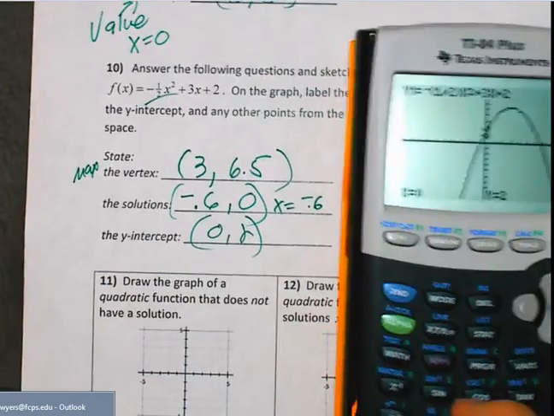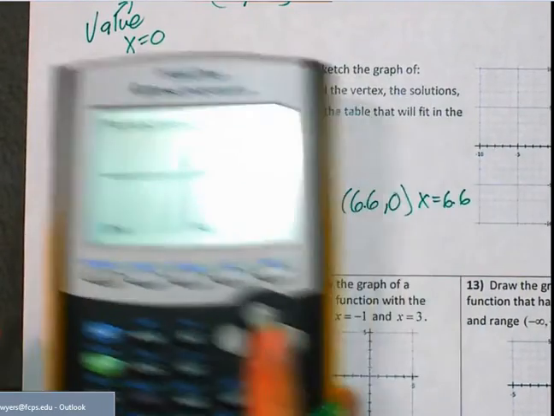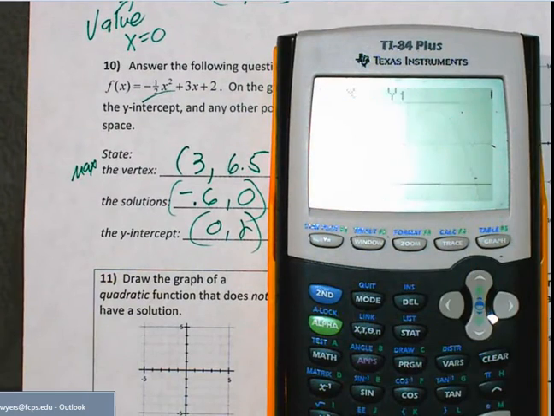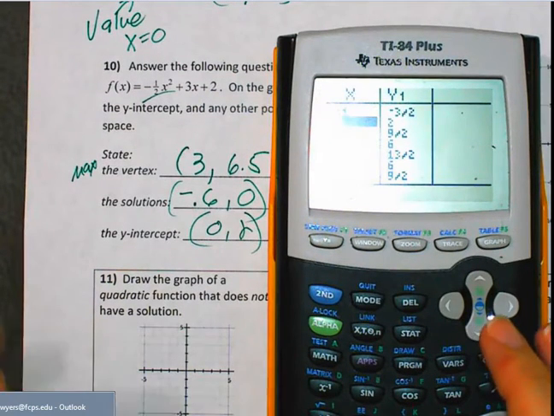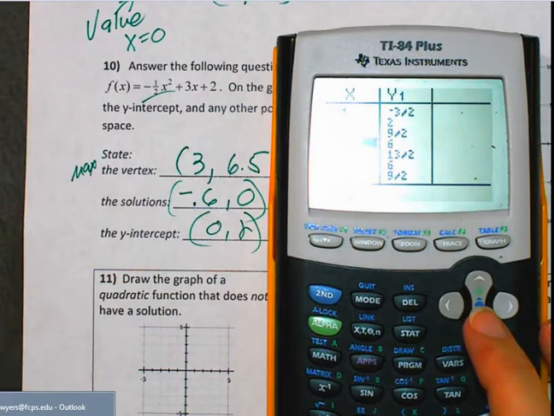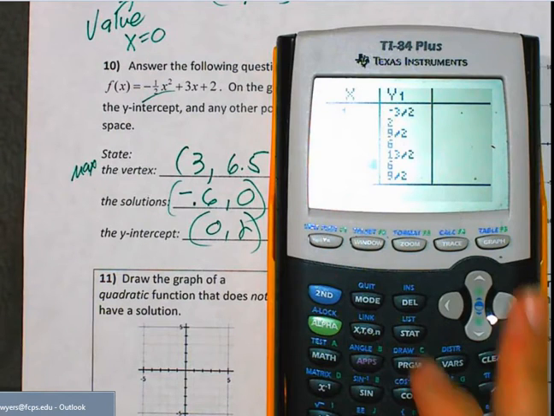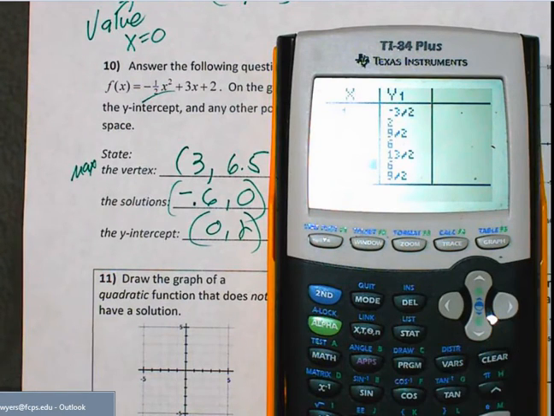Okay, so you can go ahead and plot those points. Remember that you can actually find more points if you go into the table, so second graph, that will give you some more points. Stick with the whole numbers, so I've got 0, 2, 2, 6, 4, 6. Those will all help you graph the parabola. So go ahead and take a second and graph the parabola.